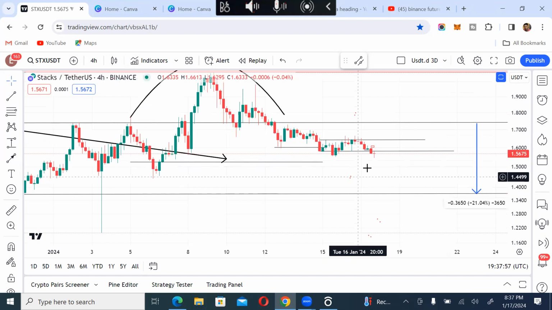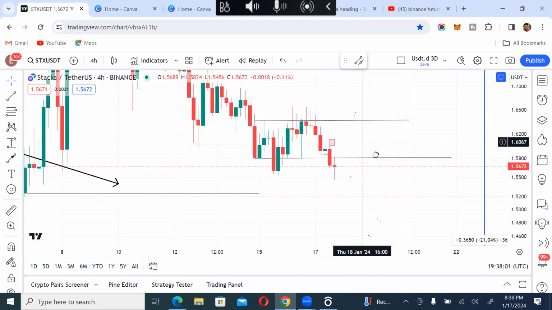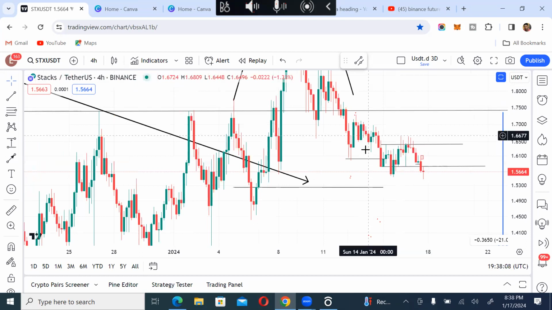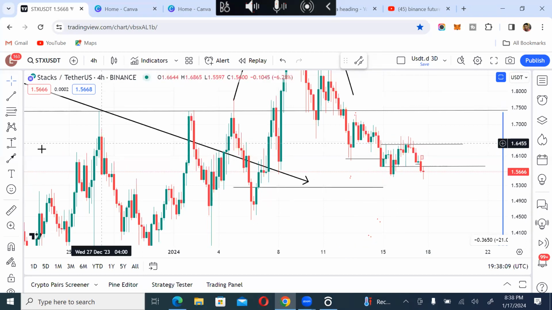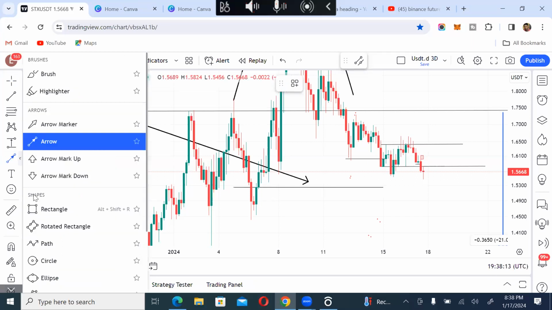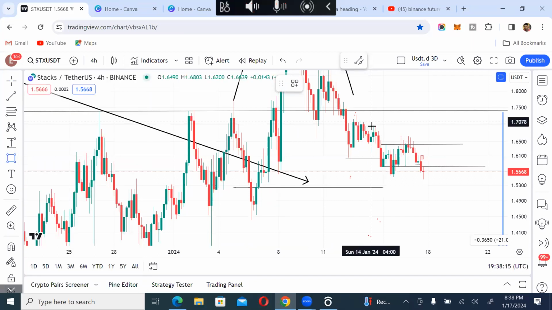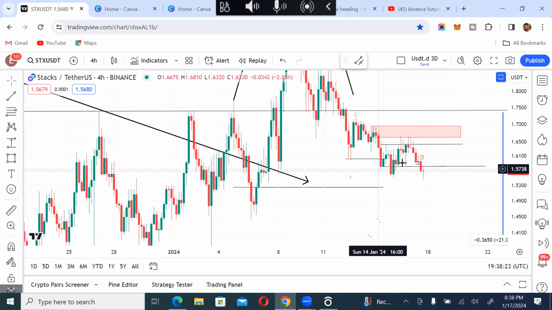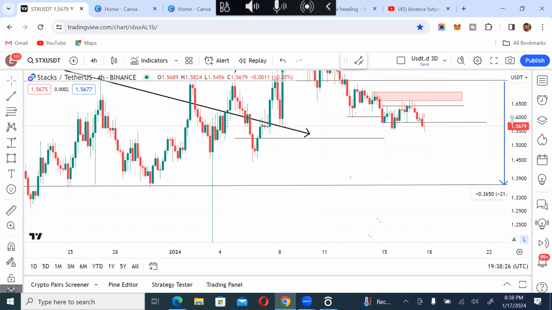You can see what price is doing. It has fully mitigated our POI. It has mitigated it. It has broken structure. So this particular project, anytime soon, is going to be coming down and take out this low here.